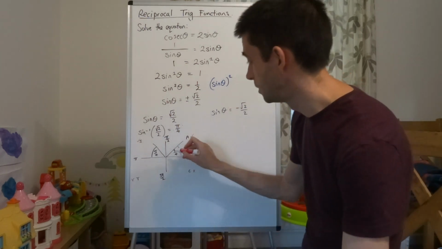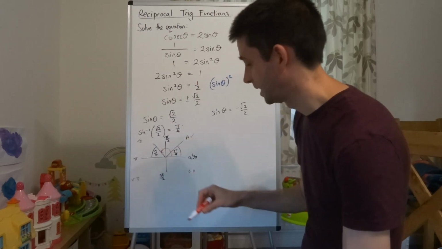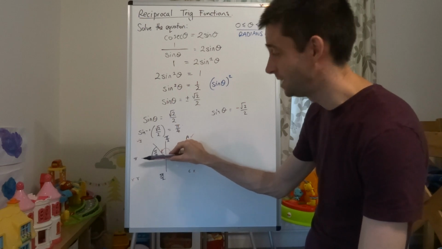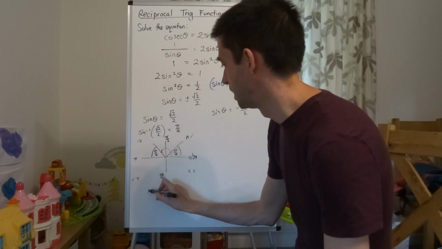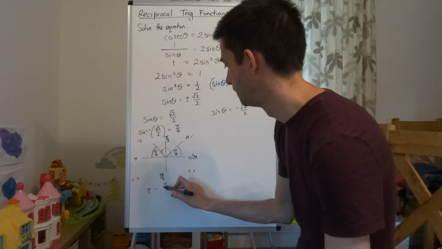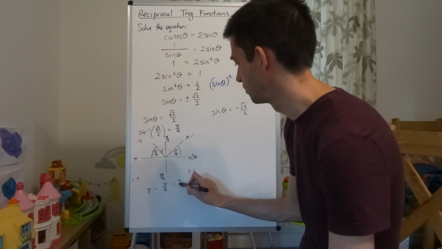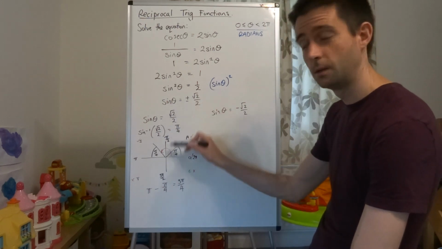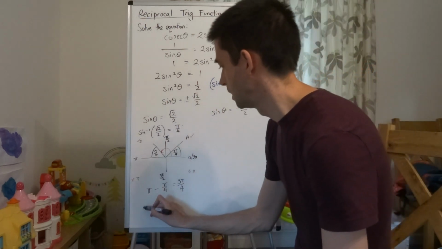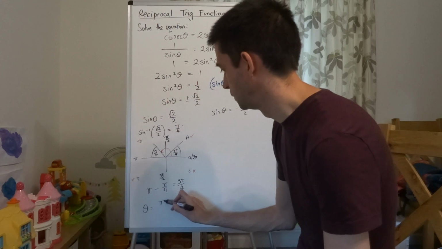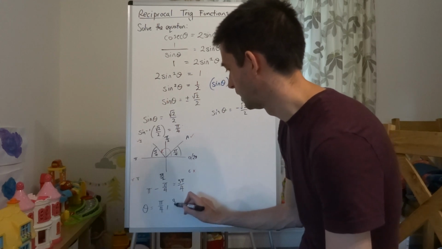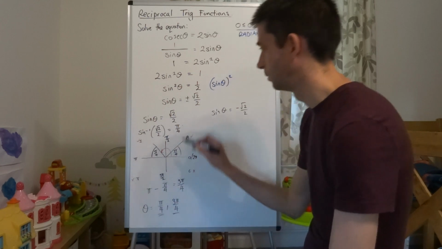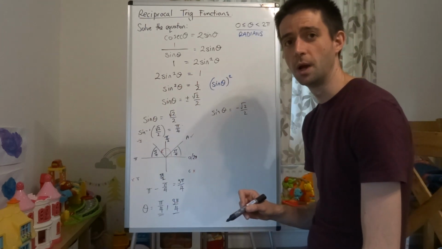Measuring around anti-clockwise from 0, I want this angle here, which means I'm going to do, now remember it's not 180, it's pi, so pi minus pi over 4, which gives me 3 pi over 4 as my second solution for this set. So what I have here is theta equals pi over 4 and 3 pi over 4. And that's my first two answers for when sine theta equals root 2 over 2.